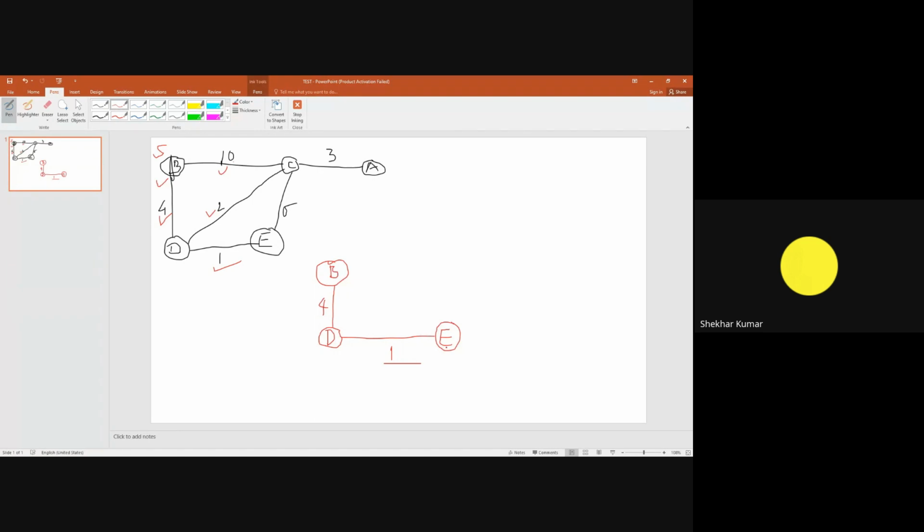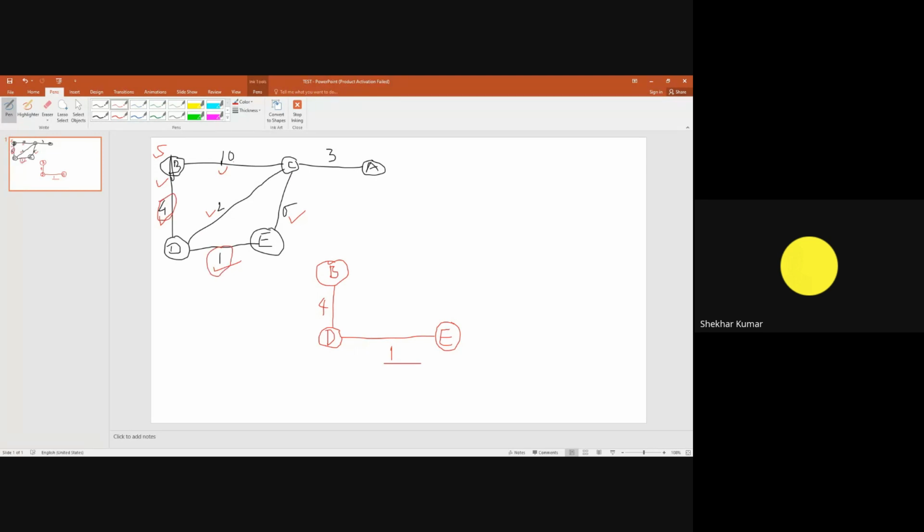Okay, next we will select another edge among all the edges which have minimum cost. Now we have one more edge added, that is E to C, and the cost is 6. The 4 is also covered, 1 is also covered.